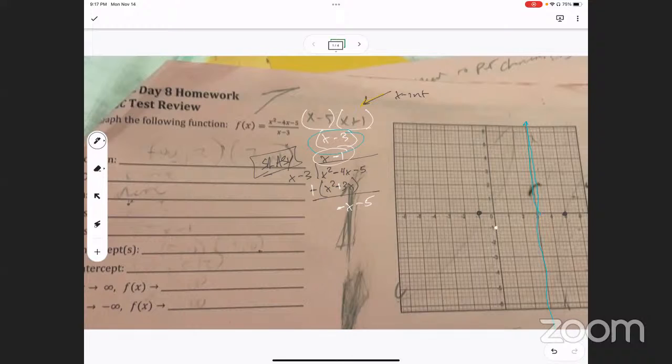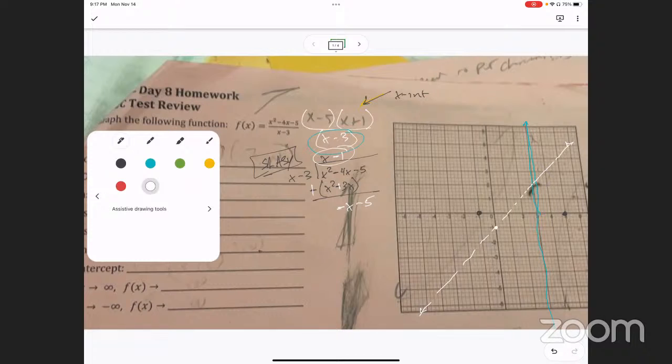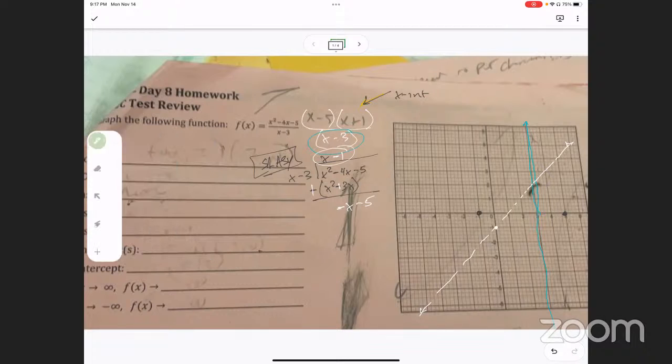And then that's your y-intercept, -1. Remember graphing? And then the slope is 1. So it's going to go like this. Do you get that? That's your slant asymptote. And so now let's find our y-intercept. The y-intercept is going to be -5 over -3, which is 5/3. Remember, you plug in zeros for all your x's.